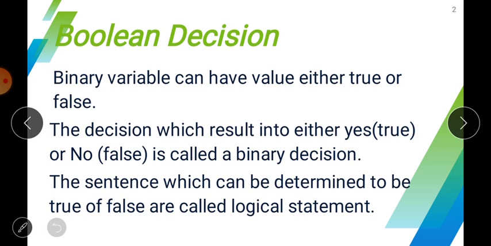Now moving to the next topic, Boolean decision. There is a variety of problems and conditions in our daily life, but if for a problem there are only two possible solutions, either true or false, then these problems or logical statements are called binary statements or logical statements.